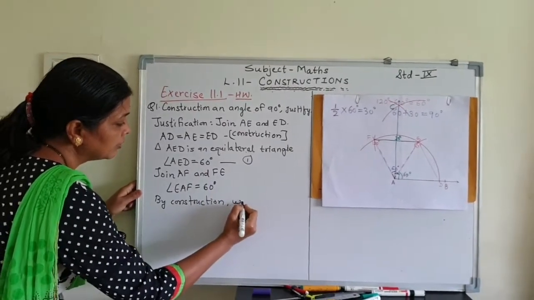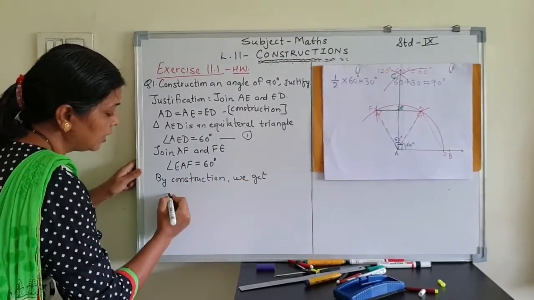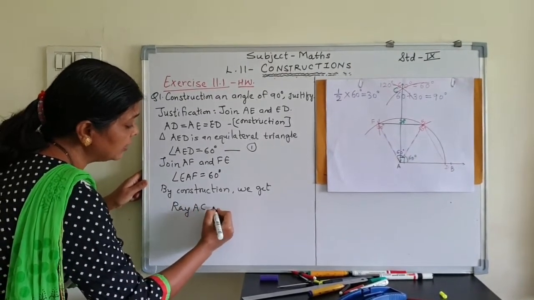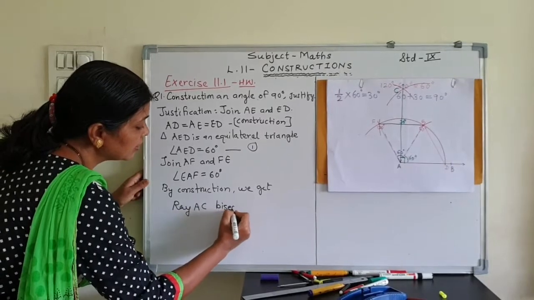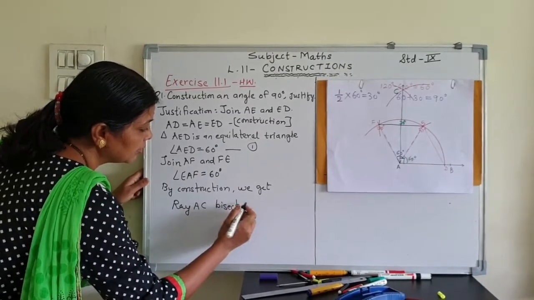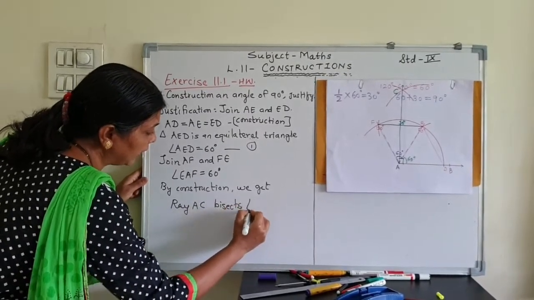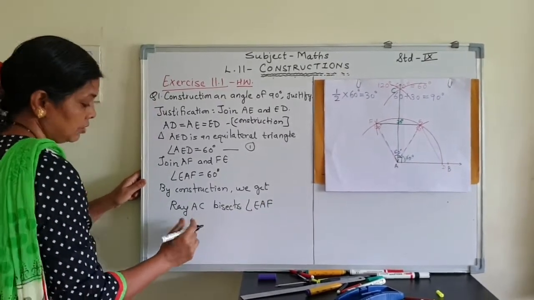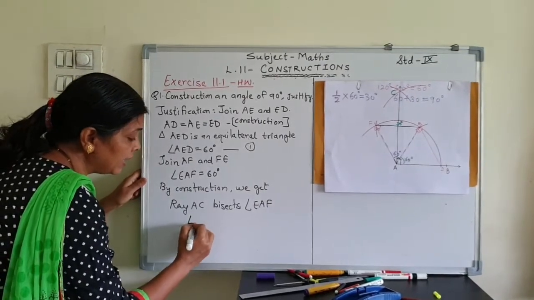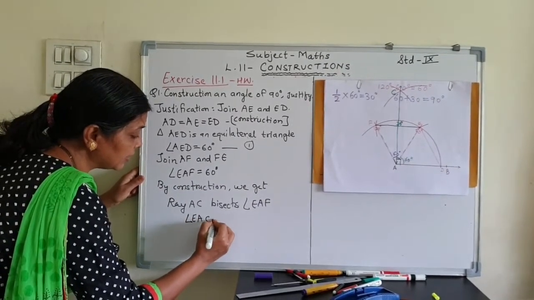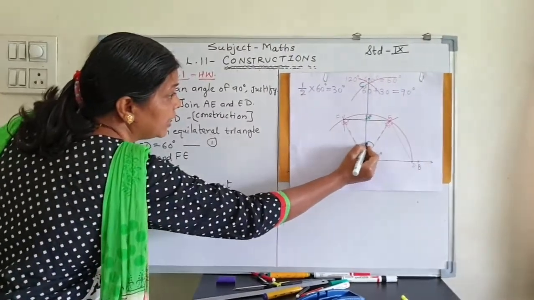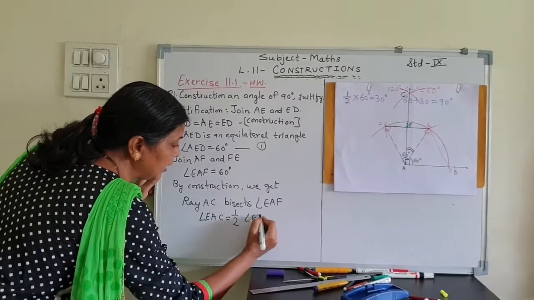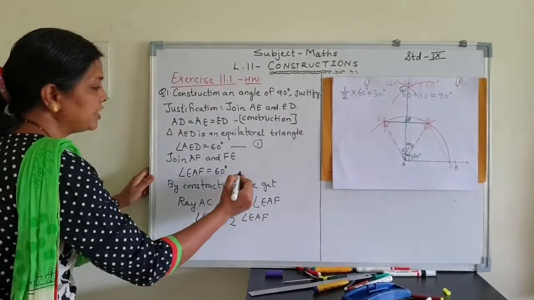we get ray AC bisects angle EAF, and that's why angle EAC, this smaller angle EAC, is half of angle EAF.